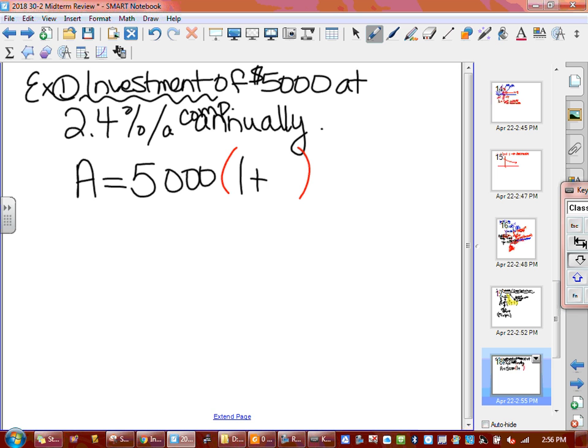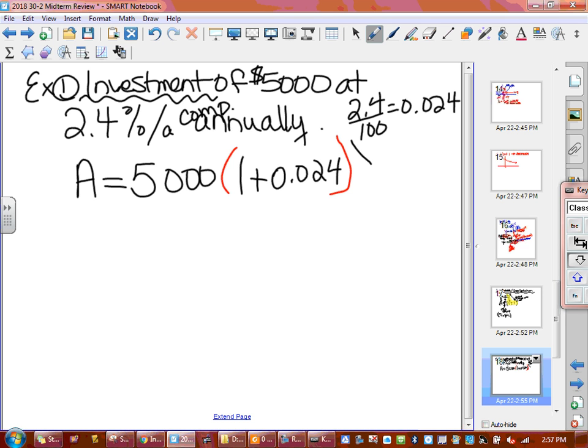That's logical, okay? So I have to take 2.4 and I have to divide it by 100 because I want it out of the percentage. So that's going to give me 0.024. So that number goes here. 0.024, close my bracket, and then I put X or N, whatever I want.